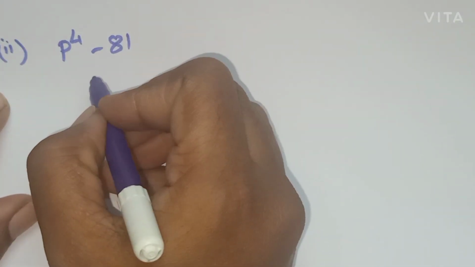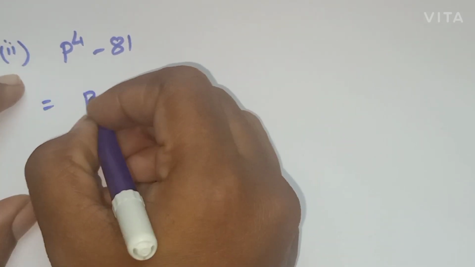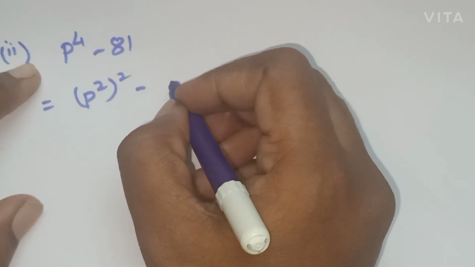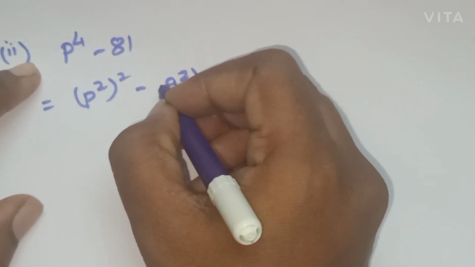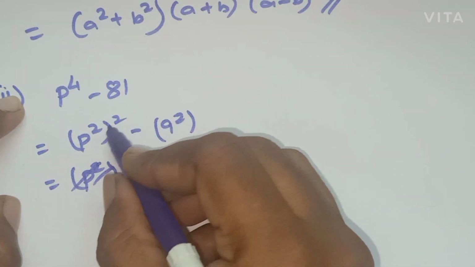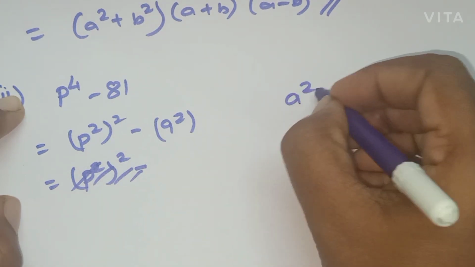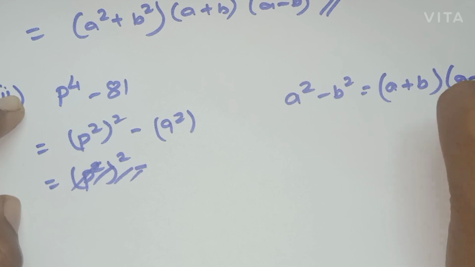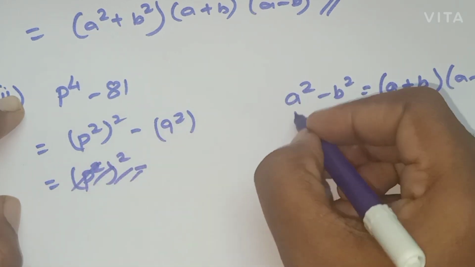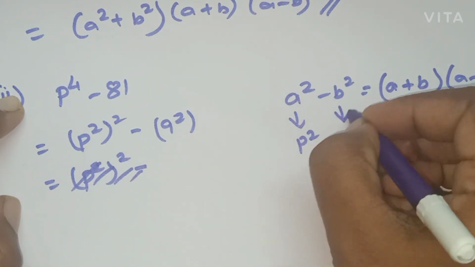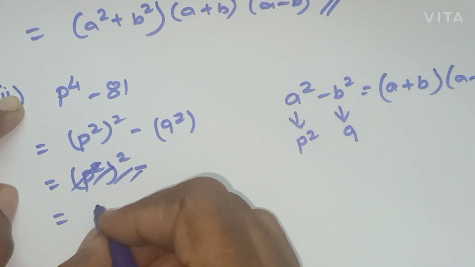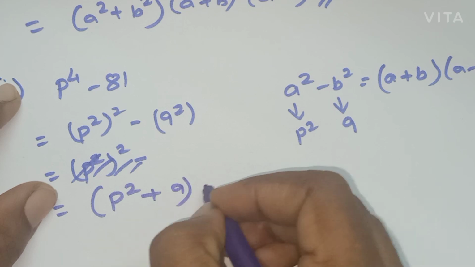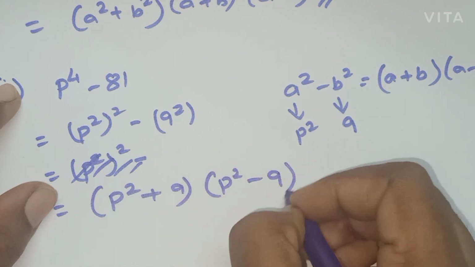Second subdivision, p power 4 minus 81. So p power 4 we can write as p square the whole square minus 81. The 81 can be written as 9 square. This is of the form a square minus b square. So a square minus b square is equal to a plus b into a minus b. In the place of a I have p square, in the place of b I have 9. So we get a plus b, that is p square plus 9 into p square minus 9.